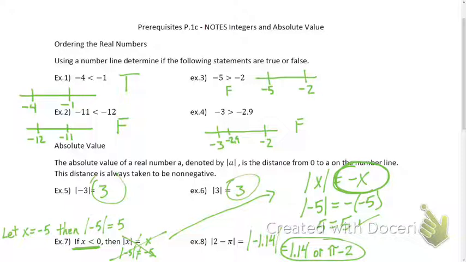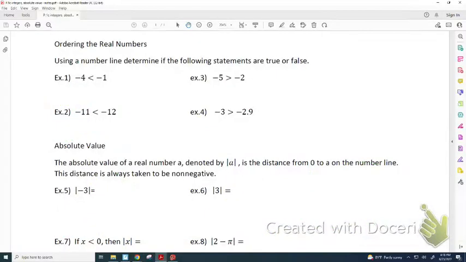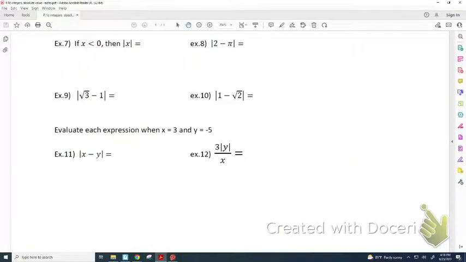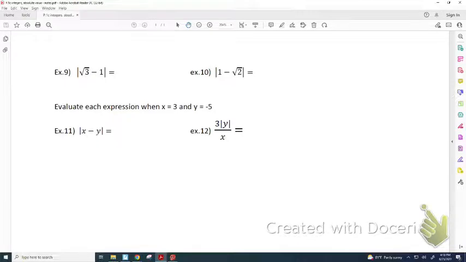All right, let's try number 9. Same idea. Type in square root of 3, subtract 1, and you get 0.73.